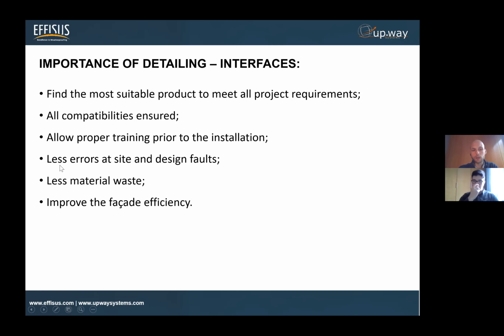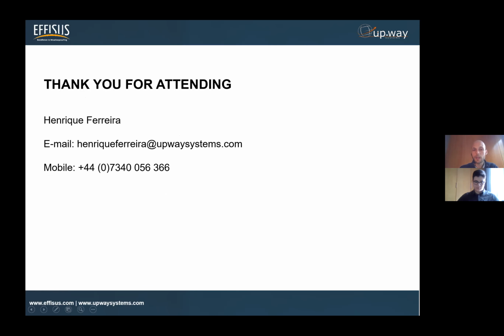That way you will be avoiding errors at site and design faults, and also material waste, as you will be predicting easier ways of installing without the use of, for instance, glue. That is a material that has a lot of deviation from the budget, and in a whole way we are improving the facade efficiency, of course.